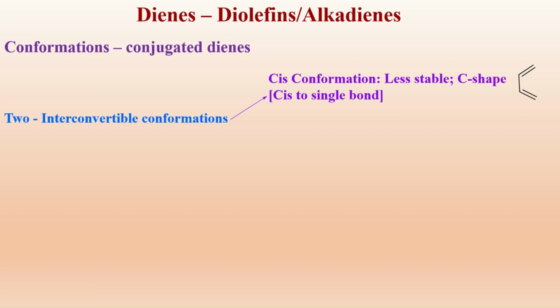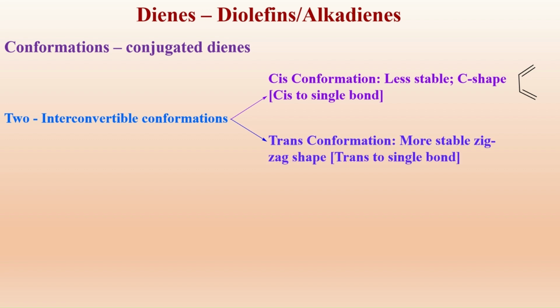This angle between the planes is called the torsion angle. Here the torsion angle is 0 degrees. There is another conformer that we call the trans conformer, or trans conformation. Here, the plane of this carbon is in one plane and this is in another plane.